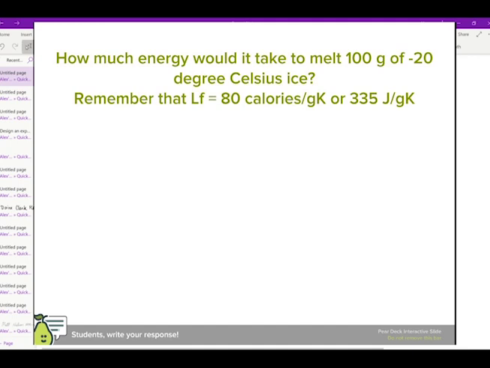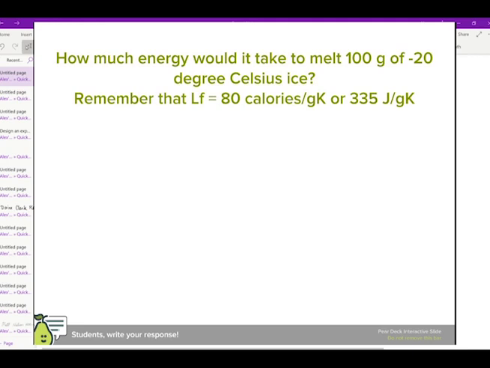But when we're transferring between phases, we use L, not C. And this is just L sub F. That's supposed to be a subscript F. I can't do that in Pear Deck, unfortunately. But what it means is the heat of fusion. It means how many joules do I have to put in to transfer from liquid to solid, or vice versa.